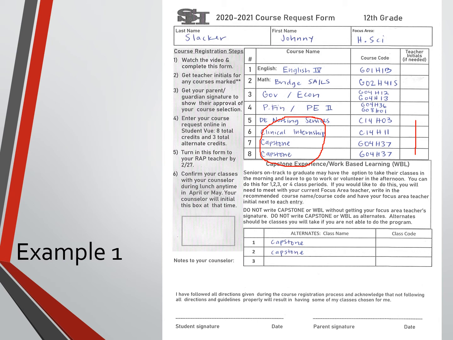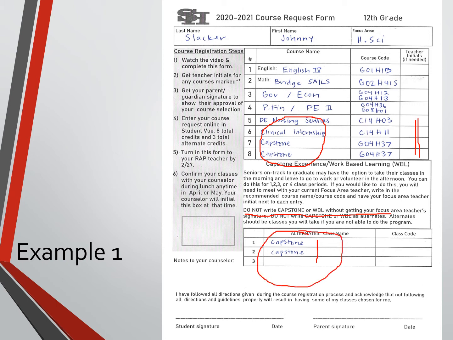Also, notice that here under alternates, they just have capstone. And right here, it says do not write capstone or work-based learning without getting your focus area teacher's signature. So notice they did not get the teacher initials here and didn't give us any viable options for alternates.